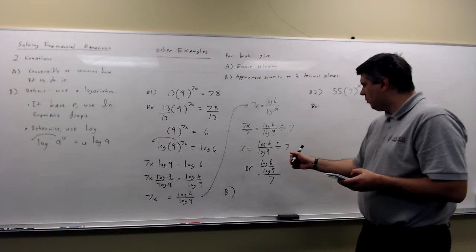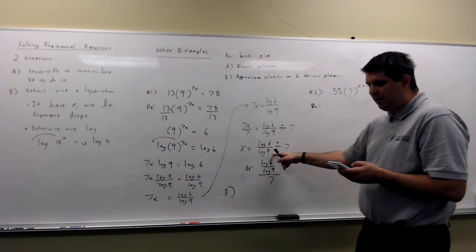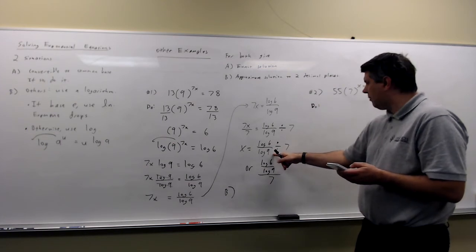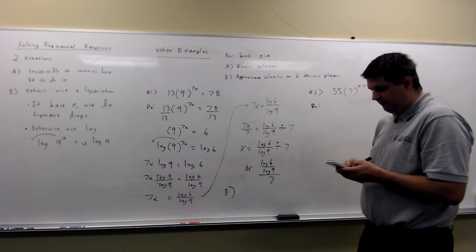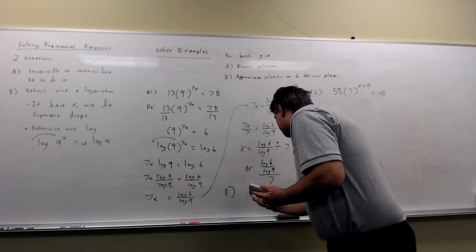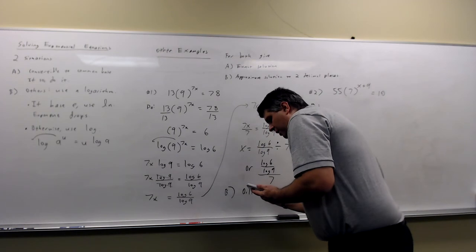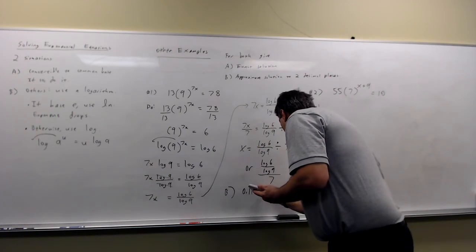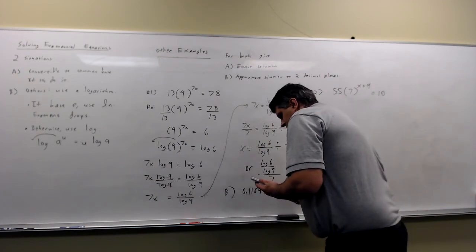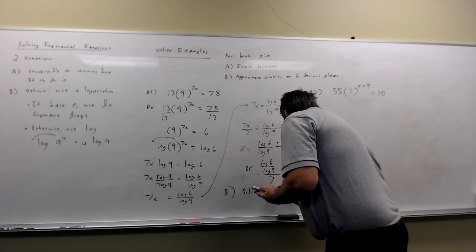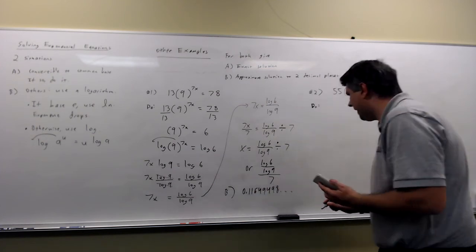I have 0.81546, then divide by 7. Okay, so my calculator spits out 0.1164948, who cares?